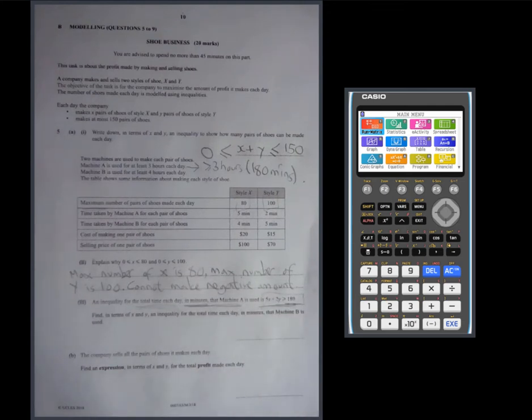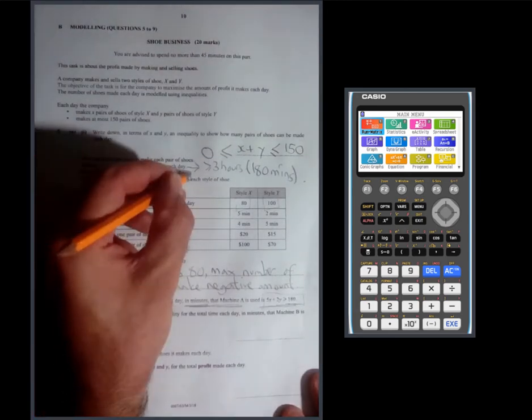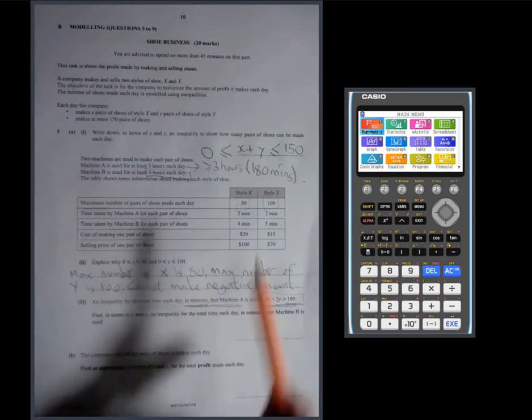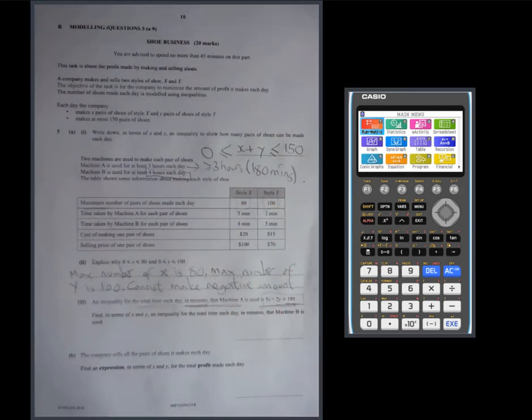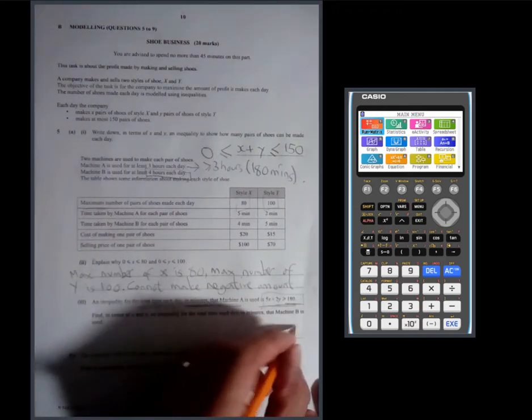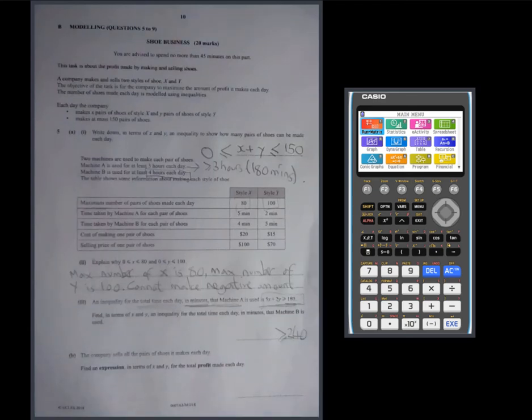The total time must be the time for the X's plus the time for the Y's, and we know it's at least 3 hours. So if we do the same for machine B, well, that says it needs to be used for at least 4 hours each day, or 4 hours in minutes. If 3 hours is 180, 4 must be 60 more, so it's going to be 240 minutes. And then you need to just follow the same pattern.